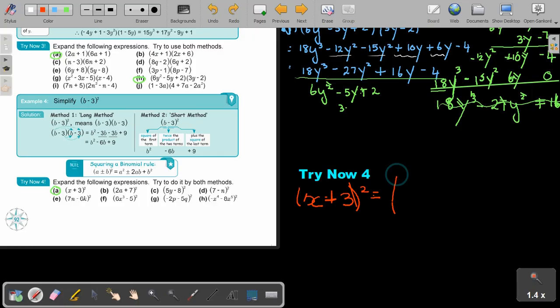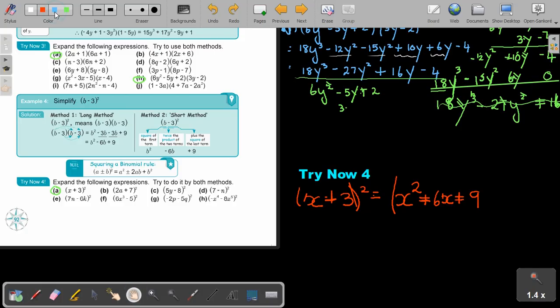Okay, so then it's square the first one, so it's x squared. It's x squared. And then this one is going to be 9. And then multiply the 2 with each other. So it's 3x times 2. So it will be positive 6x. And that's the answer.